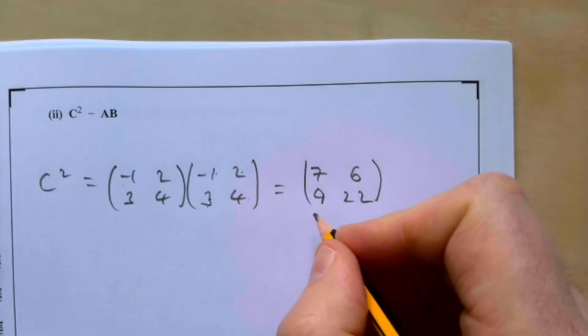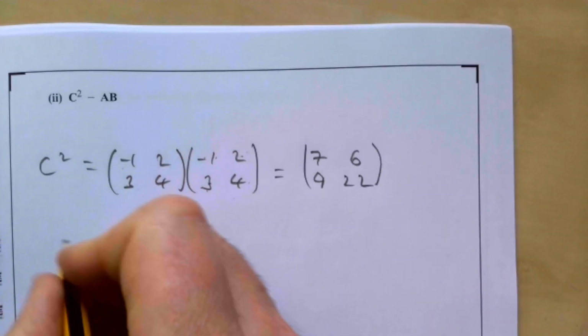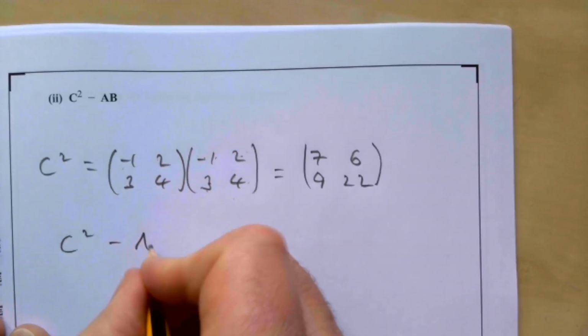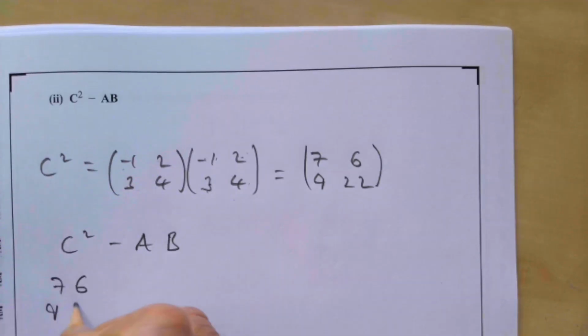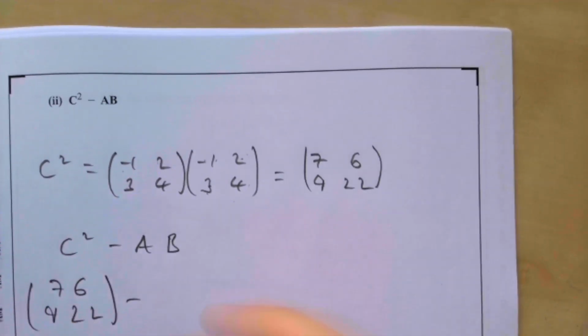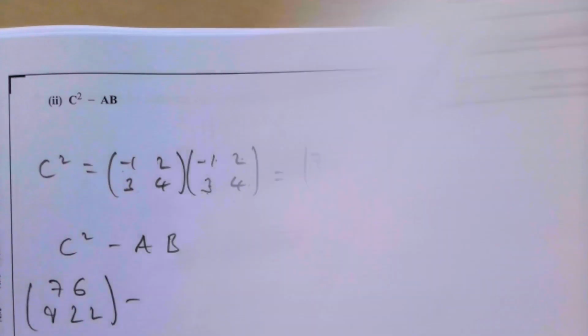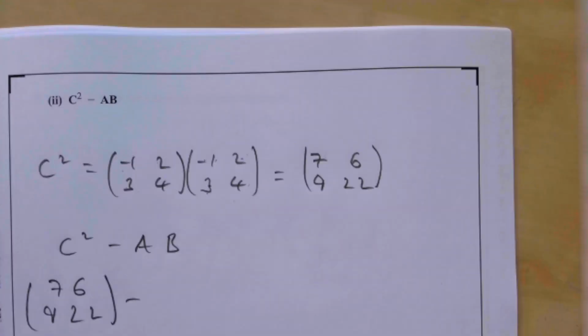And then AB, well, we've worked out AB, so it's going to be C squared minus AB. It's going to be 7, 6, 9, 22. Take away AB, we've just worked out to be 12, minus 4, 9, minus 3.